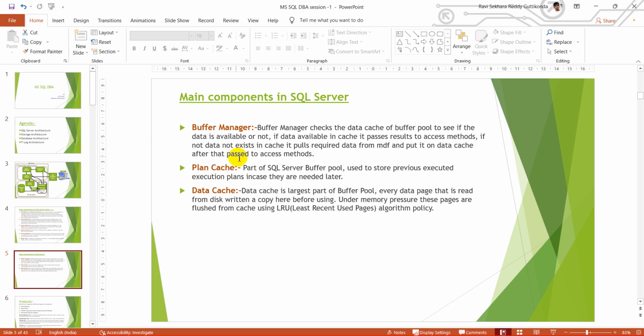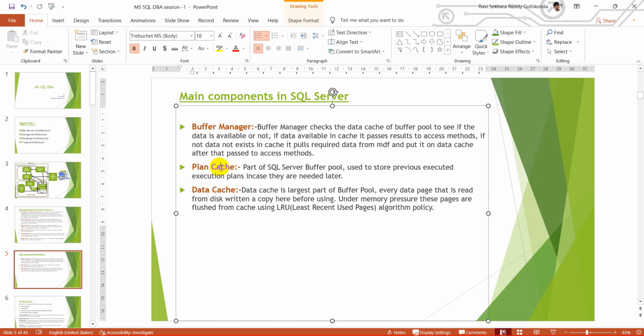After that, it passes it to the access methods. As we already discussed, the plan cache is a part of the SQL Server buffer pool, which is used to store previously executed execution plans in case they are needed later.